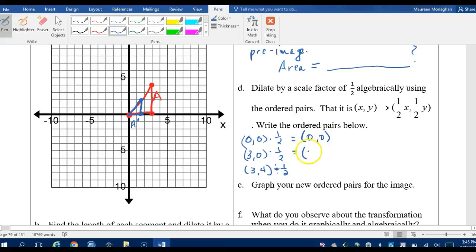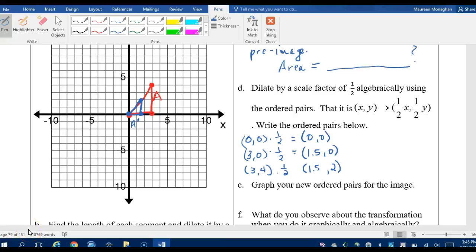Half of 3 is 1.5. Half of 3 is 1.5, and half of 4 is 2. Okay. So now we're going to write the ordered pairs and graph your new ordered pairs for the image. Let's go ahead and do that.